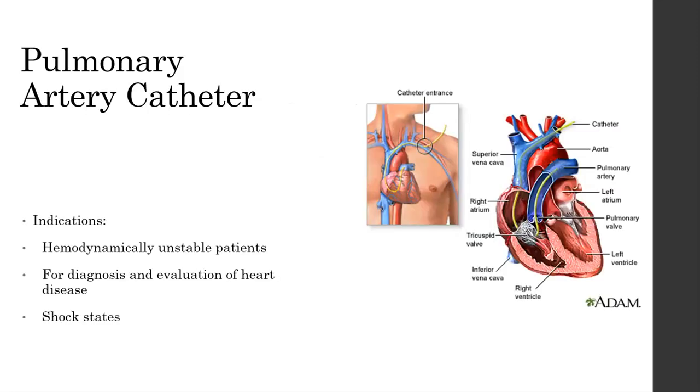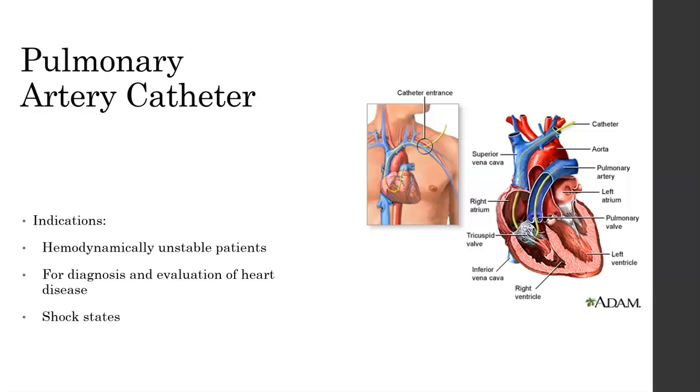Okay, so these are indicated for hemodynamically unstable patients, for shock states. Personally, even with shock patients, I never really had these. Or for diagnosis and evaluation of heart disease. So we use these to help evaluate patient responses to treatment.